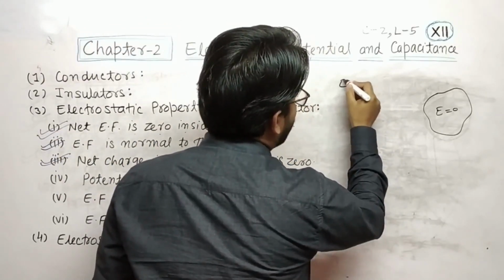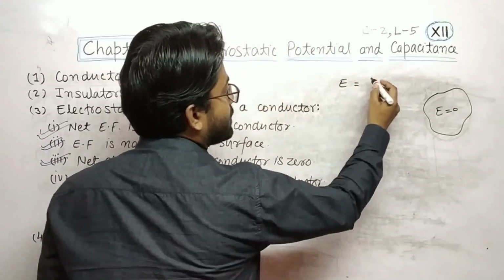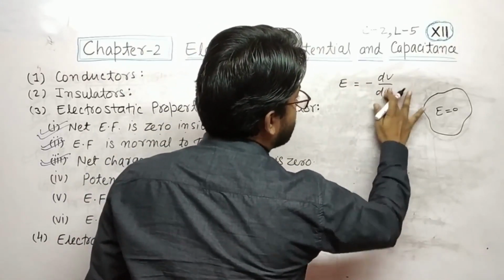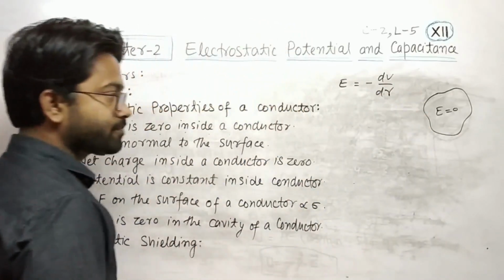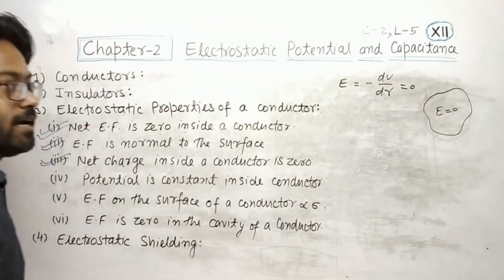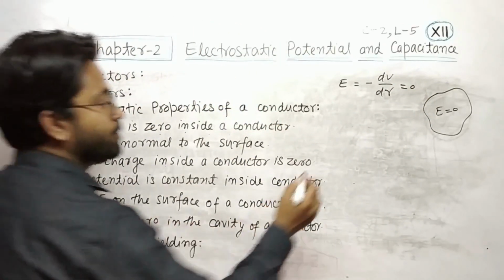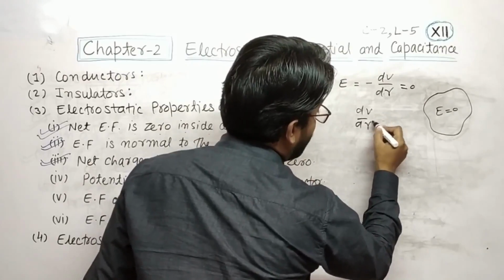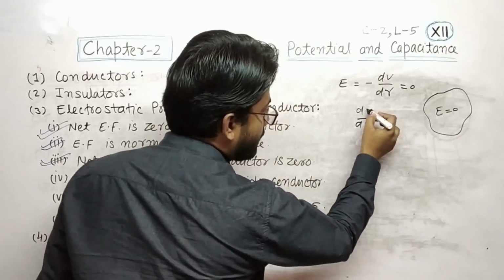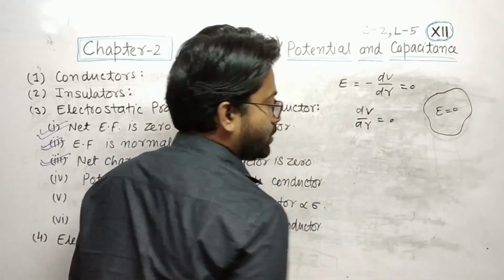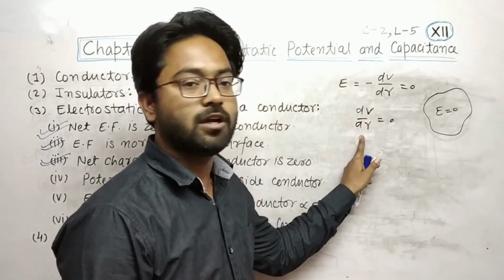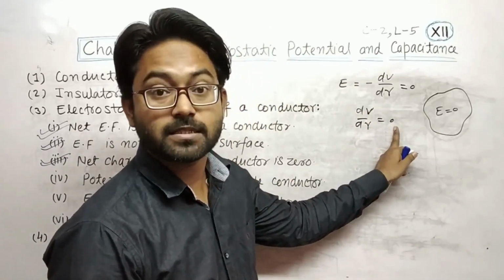We know from previous lectures that electric field is minus dV upon dr. If electric field is 0, that means minus dV upon dr is 0, so dV upon dr equals 0. That means the differentiation of potential with respect to position is 0.